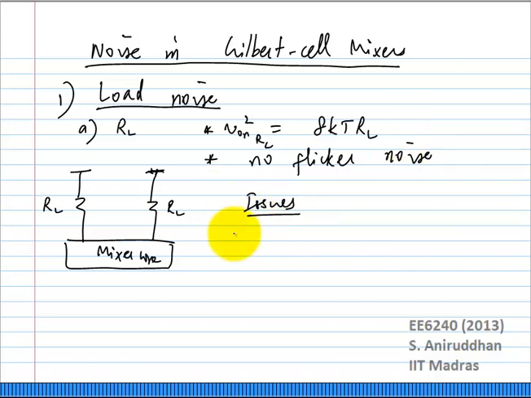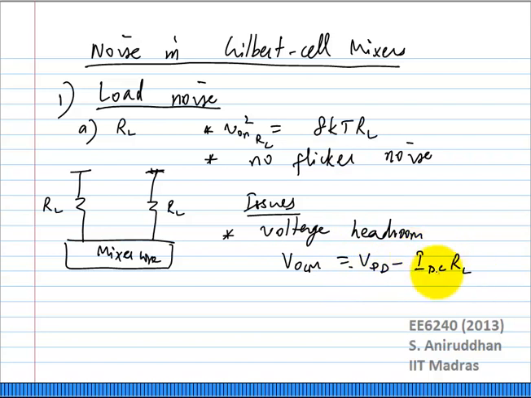What are the issues with this resistor? Obviously, if you use a resistor, your voltage headroom has a direct relationship with the DC current. The output common mode is nothing but VDD minus IDC RL, and you don't have independent control over this because RL affects both the output common mode and the conversion gain.